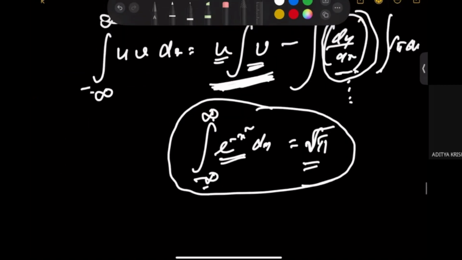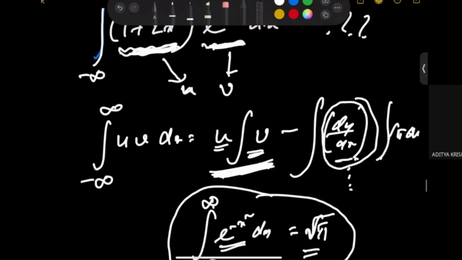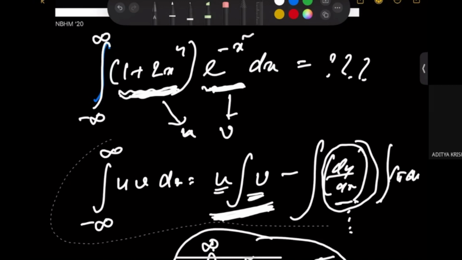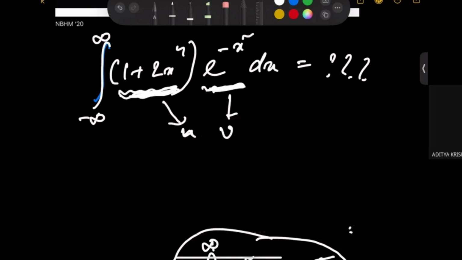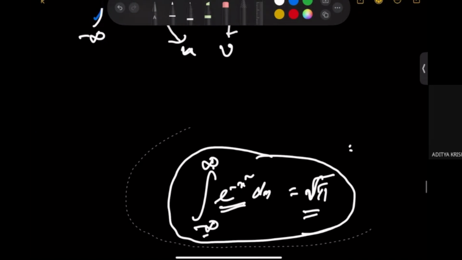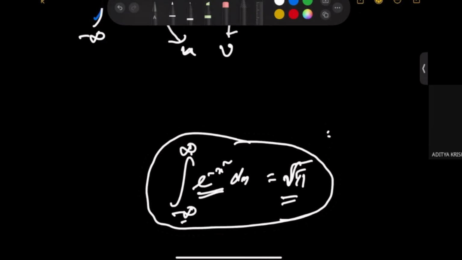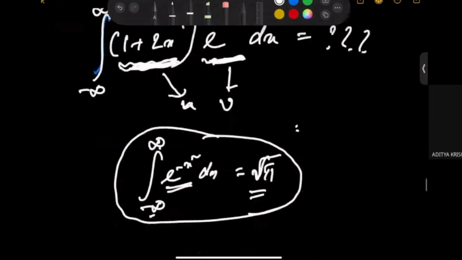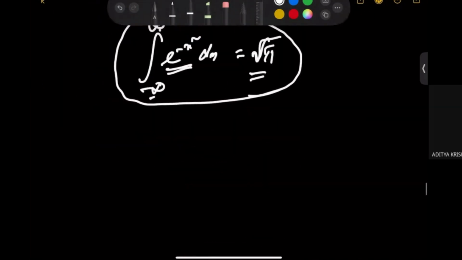We will be using this integral that we have. We will be needing this one. If you look at the problem, you can break it.